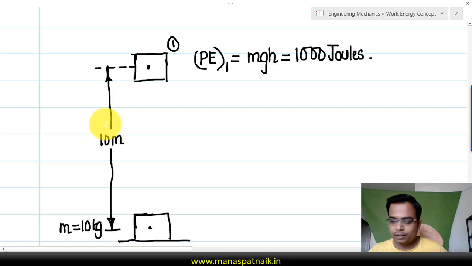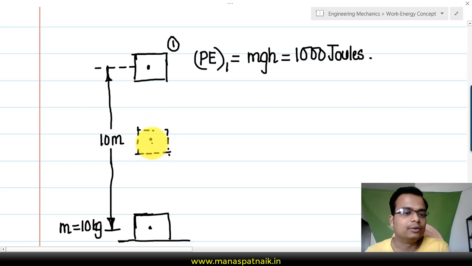Okay, so here we are. We have an object over here. You can clearly see this, and this has been lifted to a position 10 meters above the ground. At that position, you can clearly see that the potential energy calculated is 1000 joules. Right, now let's say that the particle is somewhere at the center, like this. Let me make this randomly. Okay, that's fairly good.